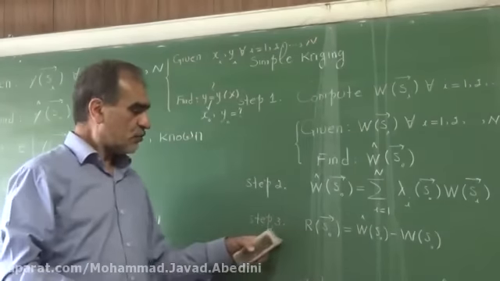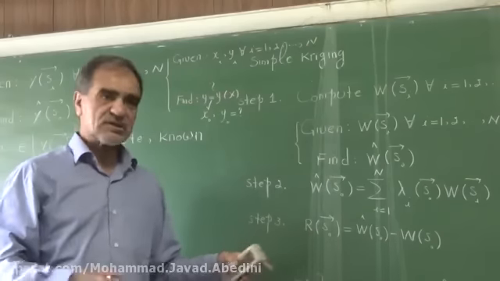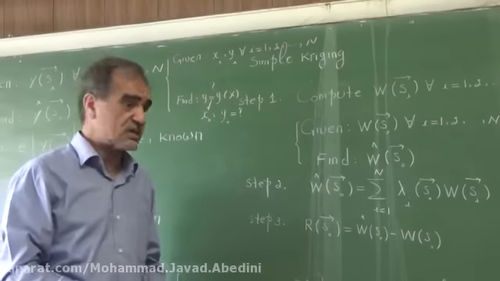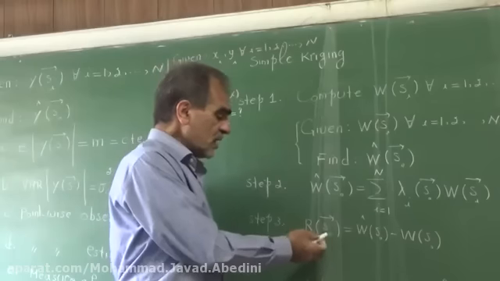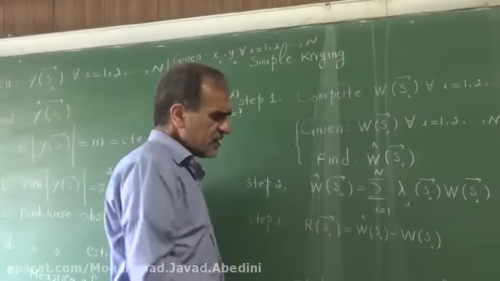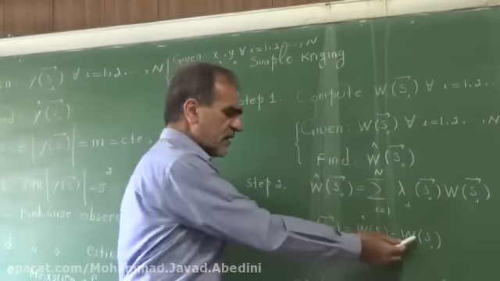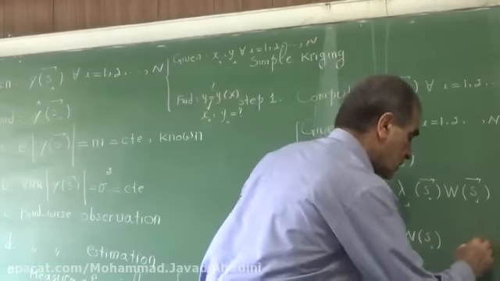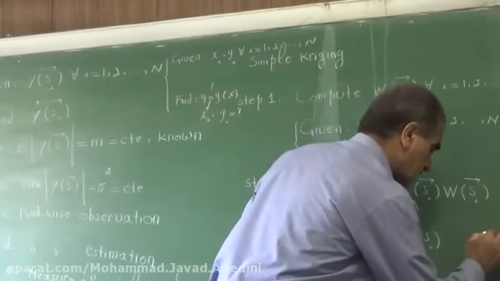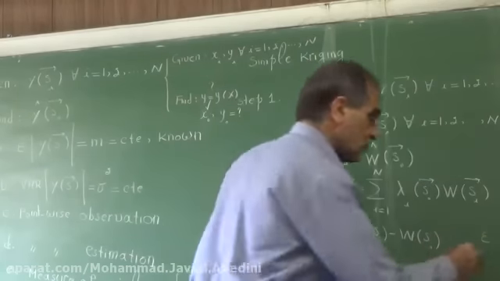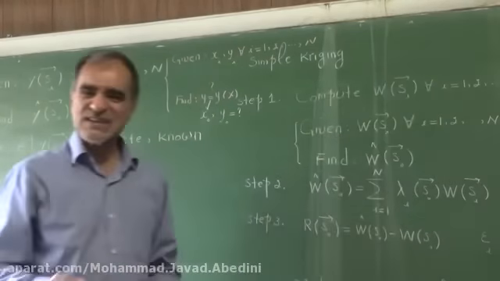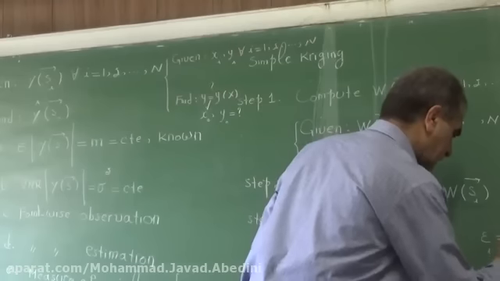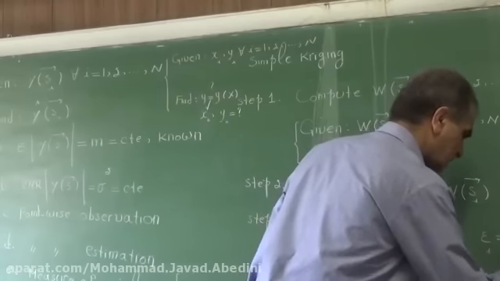Now, if you want to tell your audience what would be a step 3 in least square, it is quite important to appreciate this fact. Here, you will define your residual to be estimated value minus true value. When it comes to least square, you will define your residual, your error, to be computed value minus observed value.